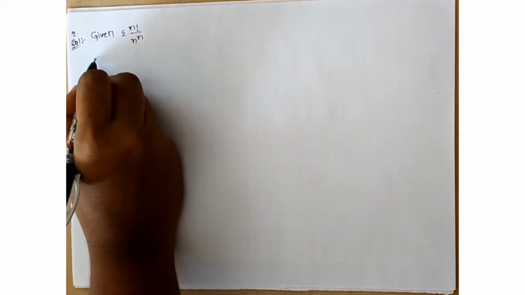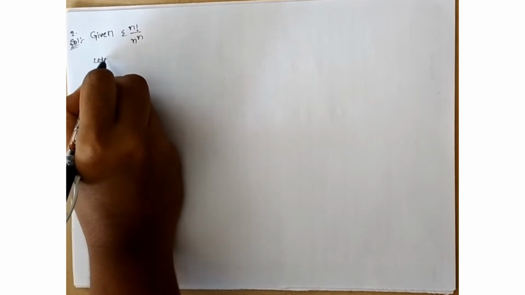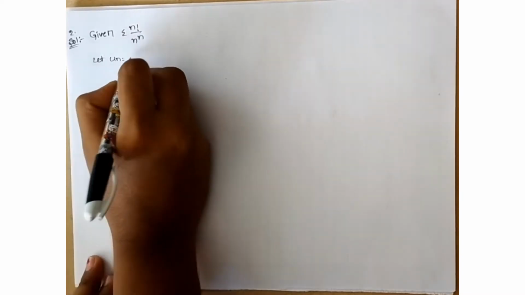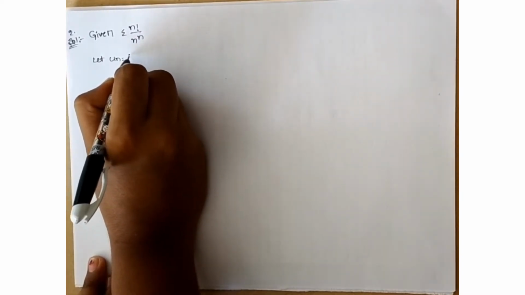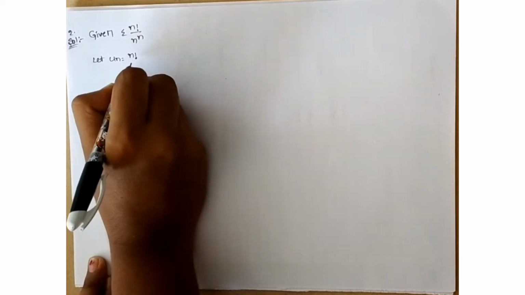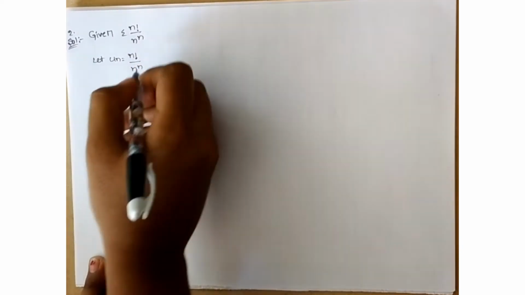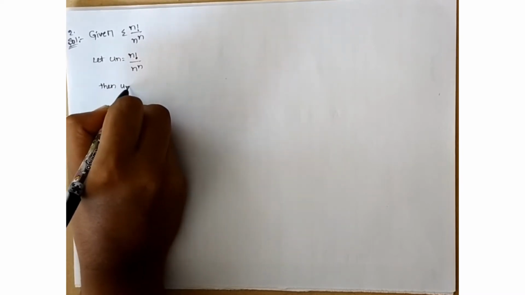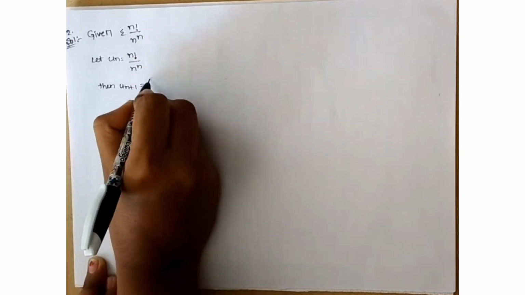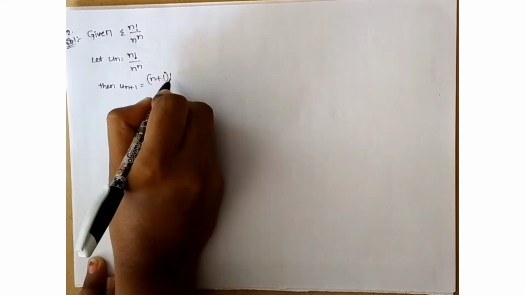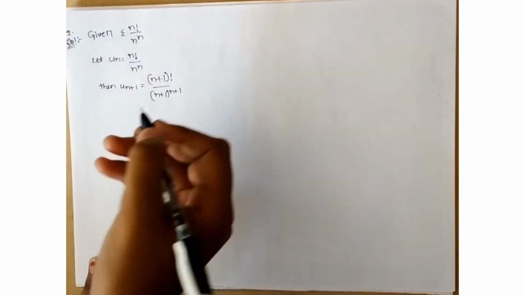So we will take first, let Un equal to n factorial by n power n. Then we take Un plus 1, that equals n plus 1 whole factorial by n plus 1 whole power n plus 1.